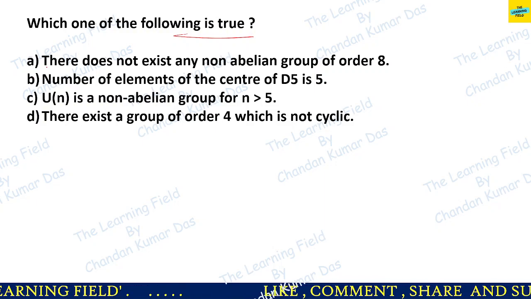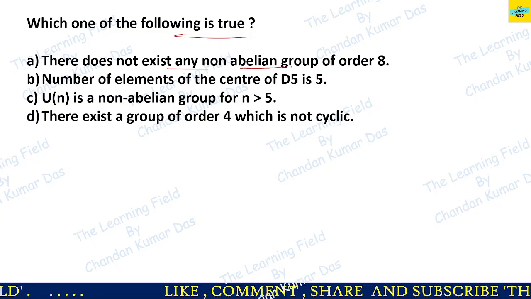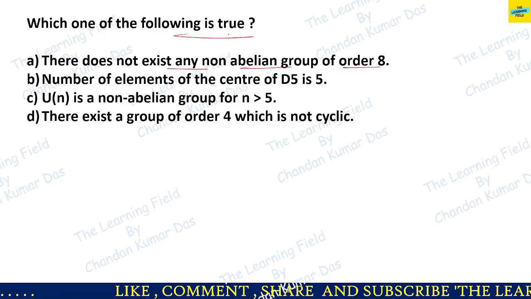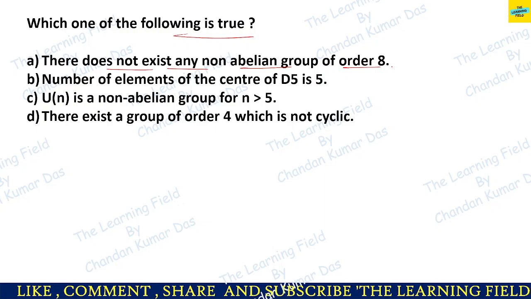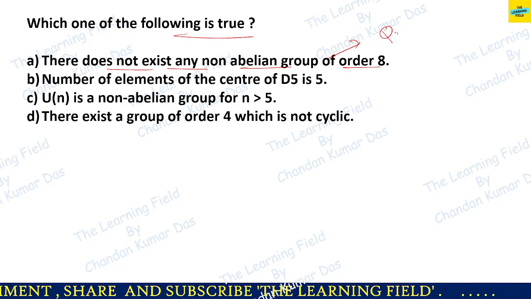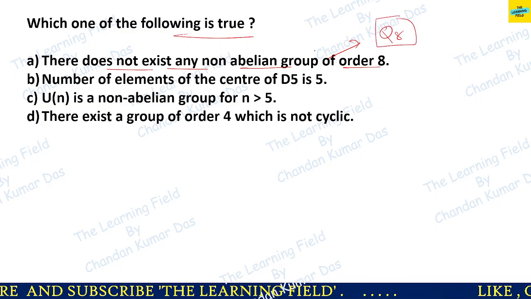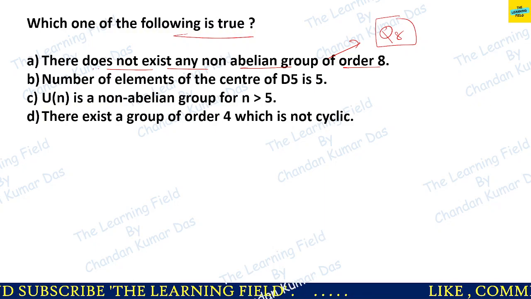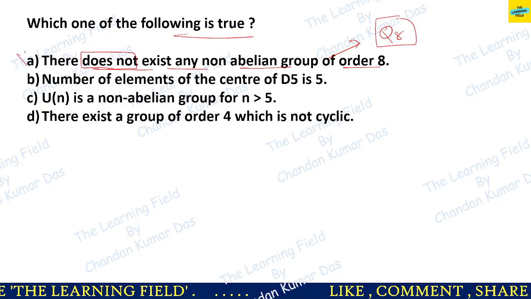Okay, so the questions option 1 says that there does not exist any non-abelian group of order 8. देखो बोला है कि there does not exist any non-abelian group of order 8, but this is true or false. देखो if we take the option Q8 then we all know that Q8 is a non-abelian group of order 8, but this says there does not, but does, so this is false.